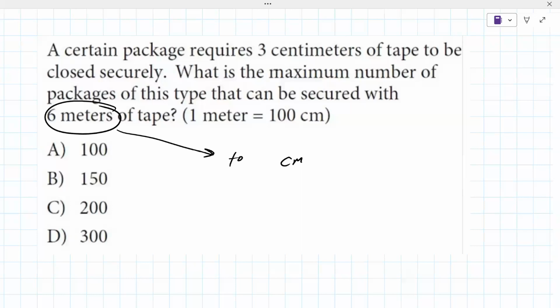So I'm supposed to convert meters to centimeters. They give you the conversion right here.